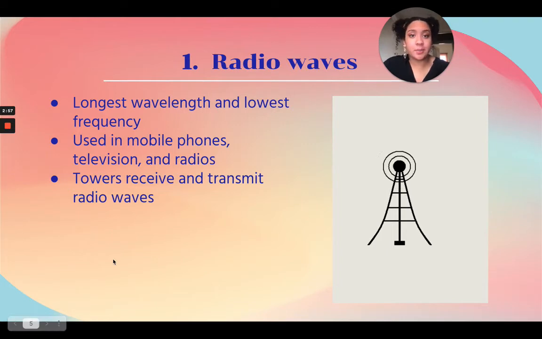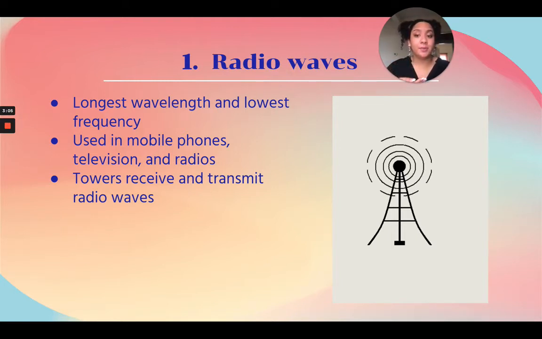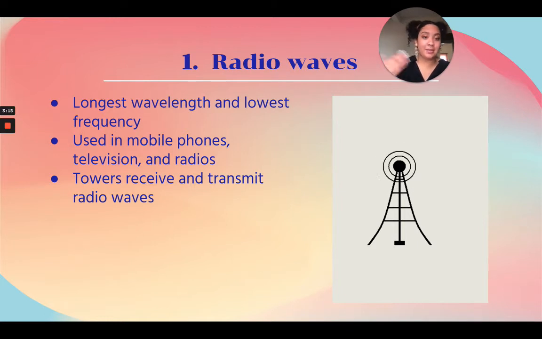First, let's talk about radio waves. That's the longest wavelength, so it has not as many waves per given amount of time, and it has the lowest frequency, therefore the lowest energy. These radio waves are used in phones, so how we call people, television, so how we see things on the screen of our TVs, and radio, so things that we can hear from different distances.